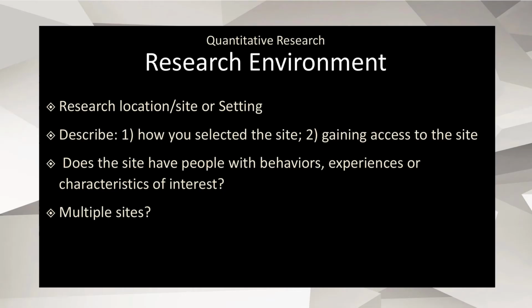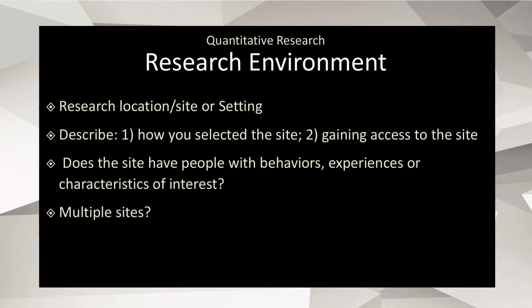It's also very important that you identify the research environment. Sometimes people would say it's research location or site, or some use the word setting. That is okay too. What you need to describe here is how did you select the site or the location of your research? And the other thing is how you gain access to the site. Okay?